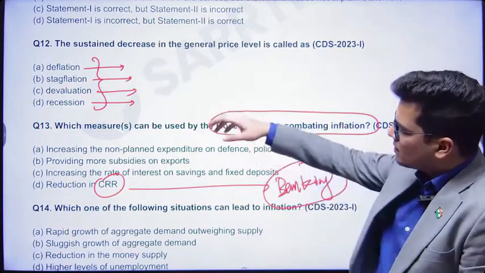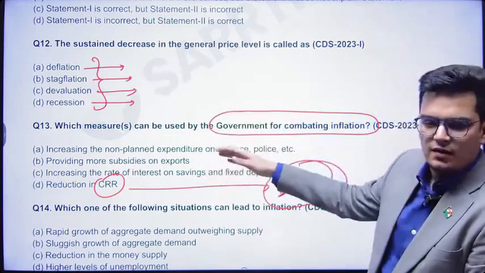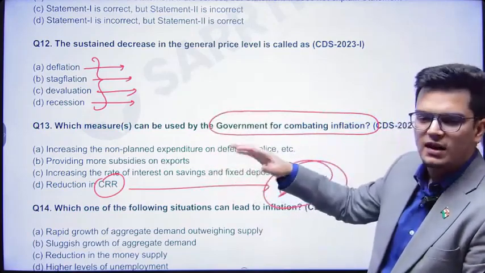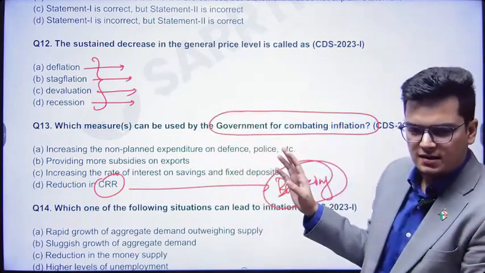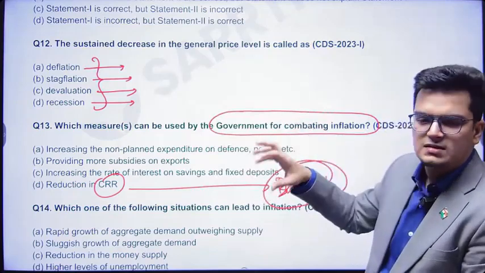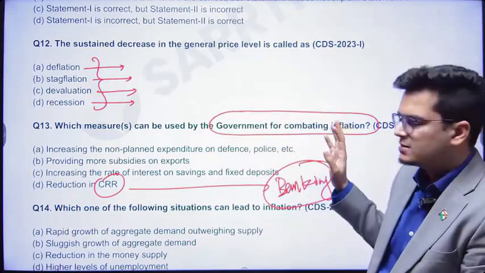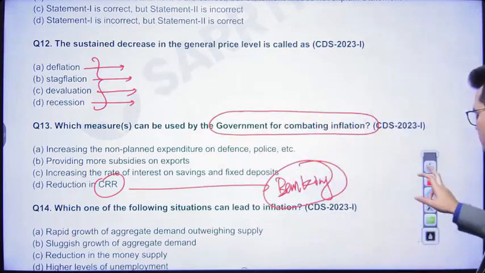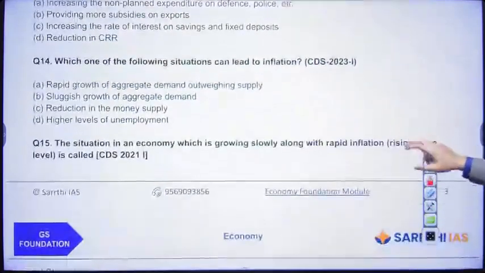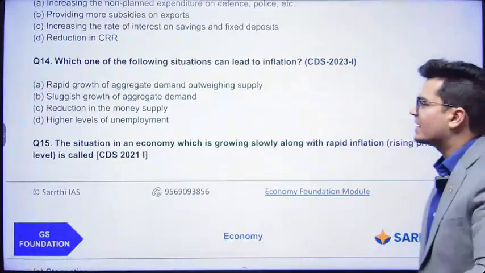And again, we have seen these things. We have at least read something like this with regards to aggregate demand, aggregate supply, etc., etc. So again, controlling inflation is an important topic that is being asked. Answer छोड़ते हैं इसका.